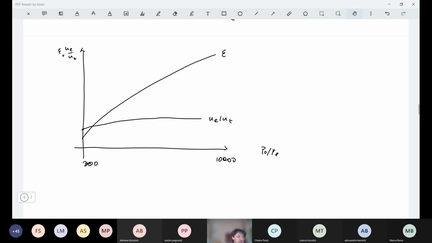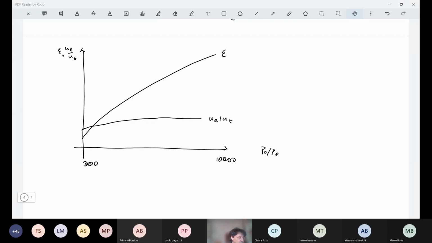And so this is something quite important that allows us to understand that it's not always true that we like to go to very high expansion ratio, but this will also be discussed in detail later. Let's go now to make further considerations on the behavior of converging diverging nozzles.